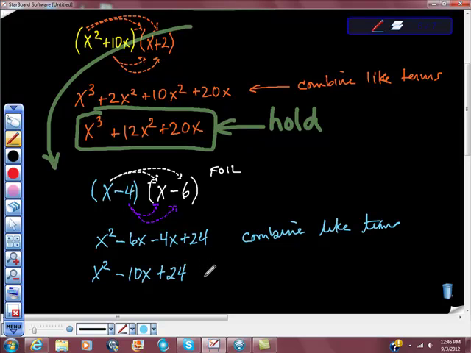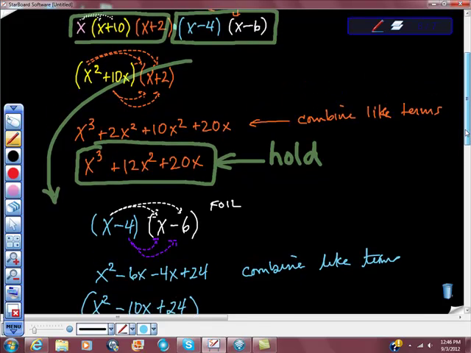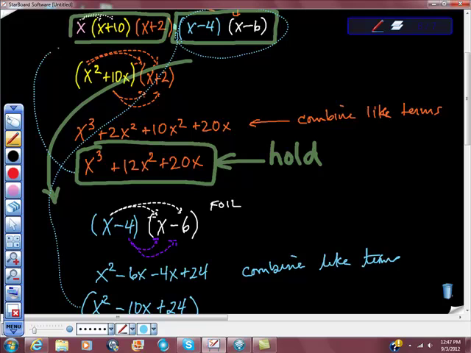Now, finally, we had this piece that we said that we were going to hold on to. So let me be clear about this. This piece right here is a combination of me multiplying this times this, right? This piece right here is us multiplying these pieces here, right?